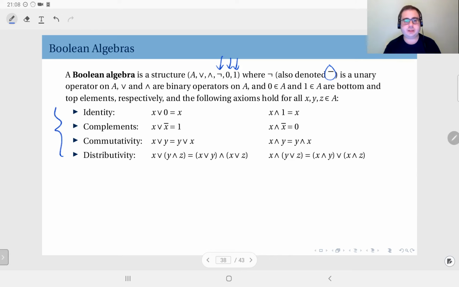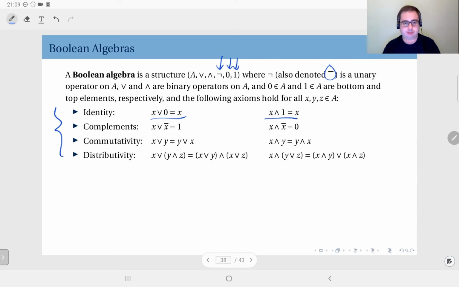You have first the identity axiom, x join with 0. Remember, 0 here is the bottom element, not necessarily the familiar 0, not necessarily the false in propositional logic, but it's a generic 0. It's the bottom element. Okay, x join with 0 is x, x meet with 1 is x, same goes for 1.